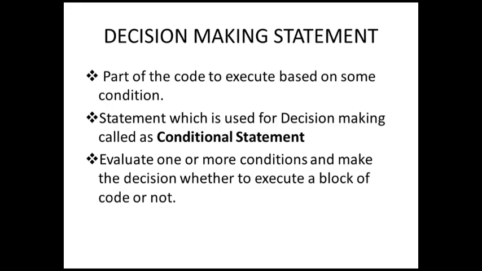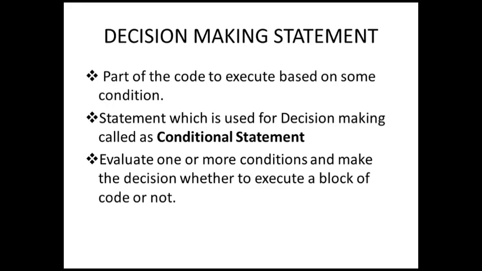The statement used for decision making is also called a conditional statement. Decision making means a part of the program will execute based on some condition. That means the program does not execute all statements continuously. It checks the condition first. If the given condition is true, it will execute some statement.